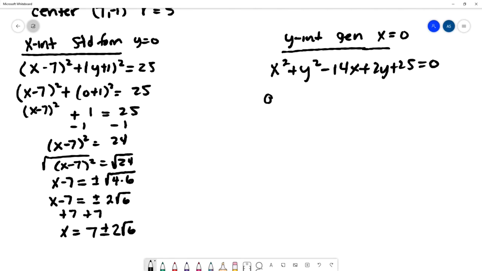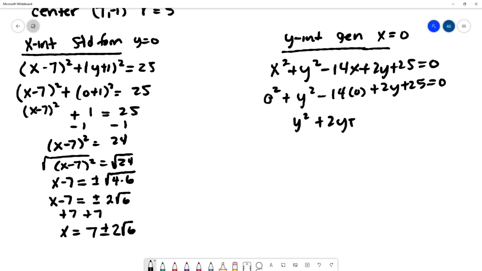So that gives the equation 0 squared plus y squared minus 14 times 0 plus 2y plus 25 equals 0. So this simplifies to be y squared plus 2y plus 25 equals 0.